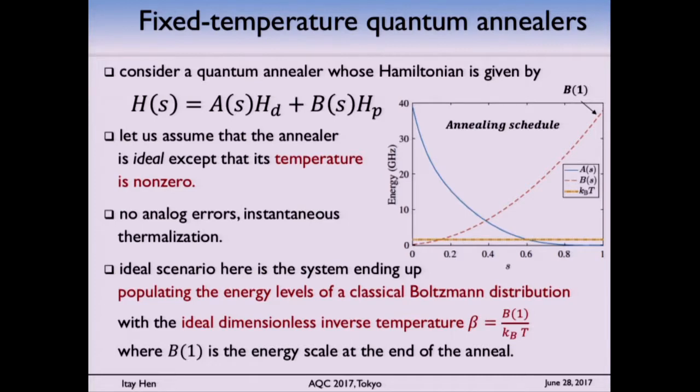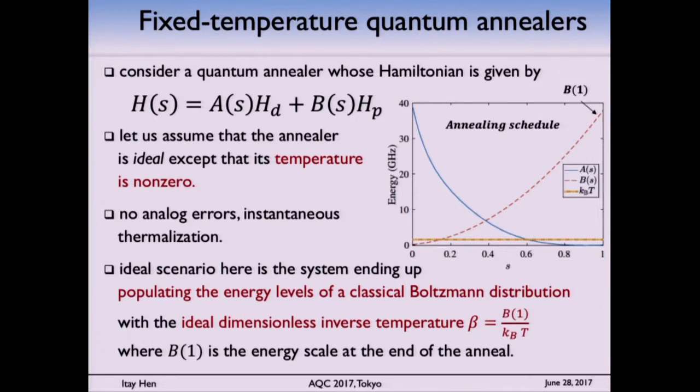So what do I mean by ideal? That there are no analog errors, no intrinsic control errors or problem misspecification. And I'm also assuming that the thermalization is instantaneous. Okay, this is like the best thing you can hope for.